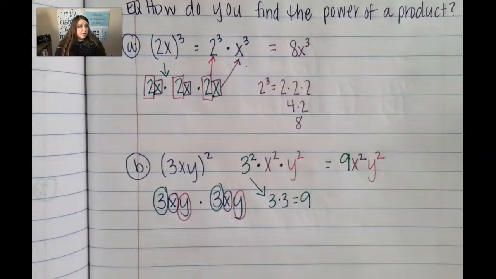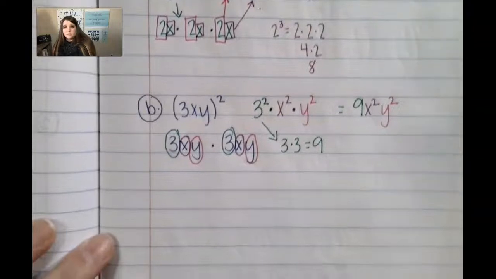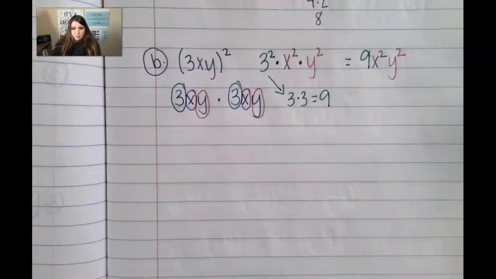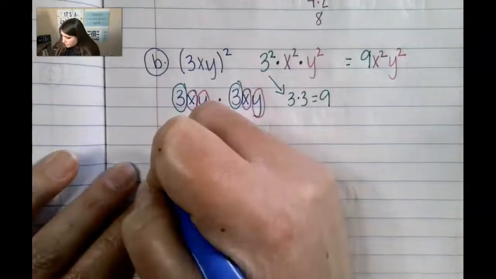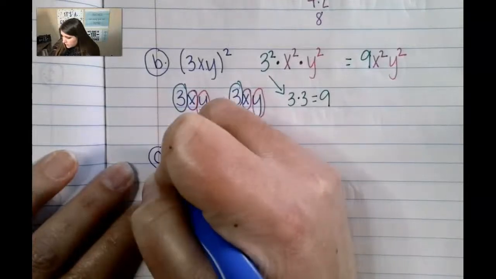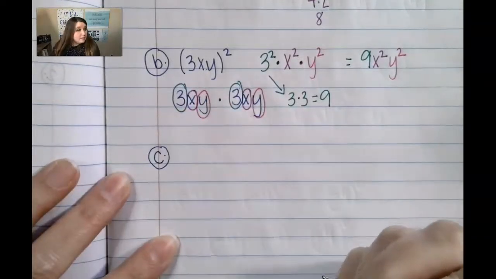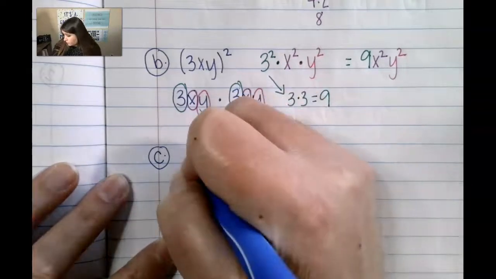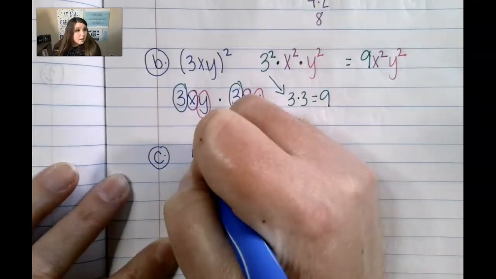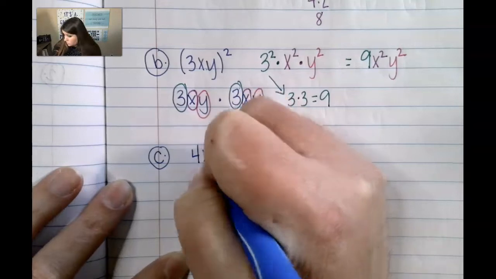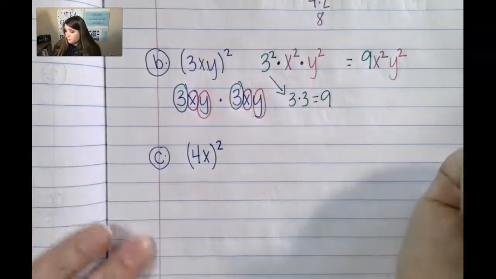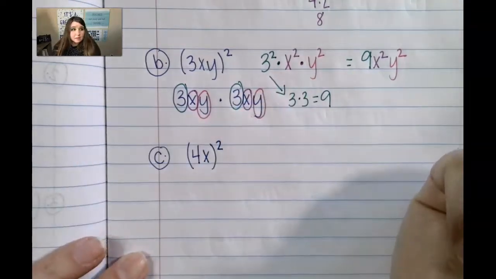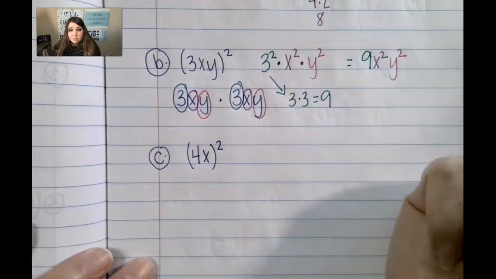Okay, let's do another example. So I'll just scoot this up. All right, our next example, example C. Example C looks like 4x squared. Okay, so we have 4x squared in this problem.